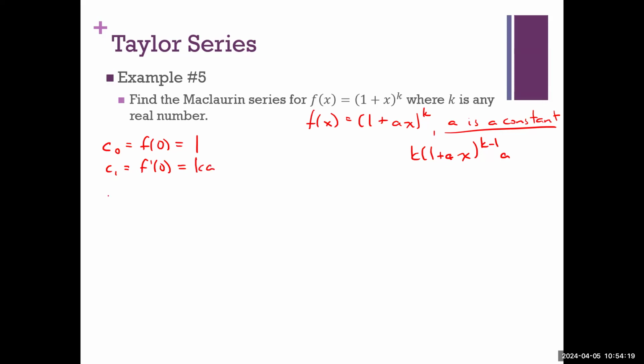Okay. Next one. F double prime of 0 over 2. What's the second derivative? Times 1 plus ax to the k minus 2 times a squared. If I plug in 0 for that, what do I get?